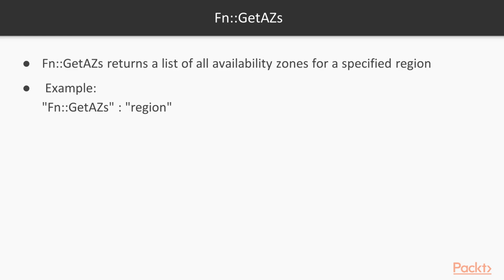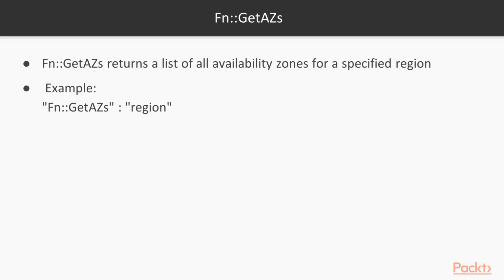The next function that we will be discussing is the function get availability zones. This specific function will return a list of all the availability zones which are part of a specific region. Now in AWS, every region has a different number of availability zones. US East 1 might have 6 availability zones, however AP South 1, which is the Mumbai region, might have just 2.